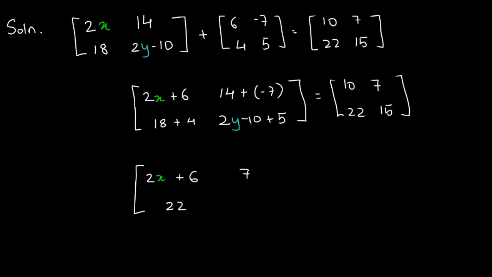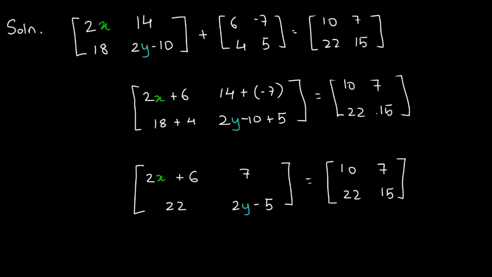And here we have 2y minus 10 plus 5, which is nothing but 2y minus 5. Right, this is equal to 10, 7, 22 and 15.